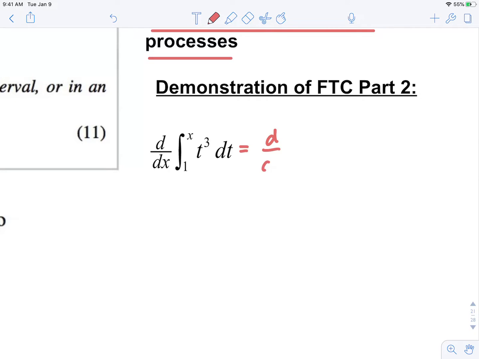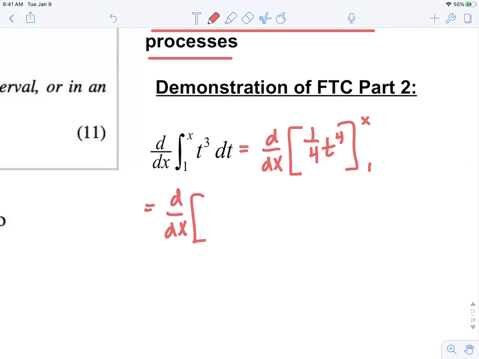So this would be the derivative with respect to x of 1/4 t to the 4th from 1 to x. So this is equal to the derivative with respect to x of 1/4 x to the 4th minus 1/4. That's using fundamental theorem of calculus, part 1.